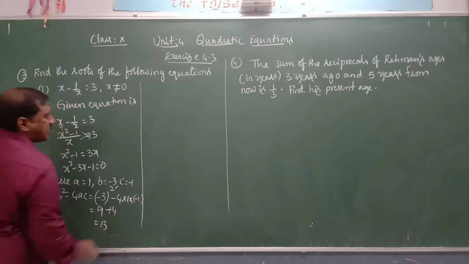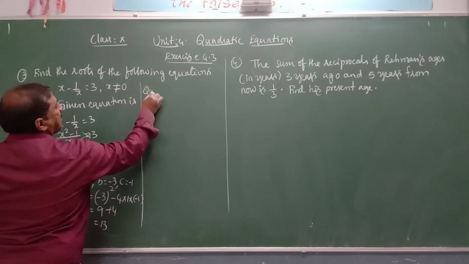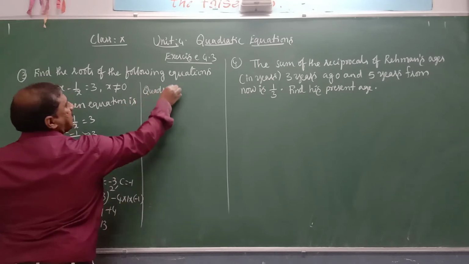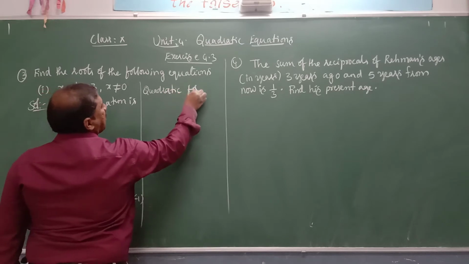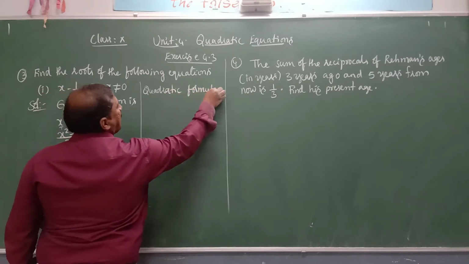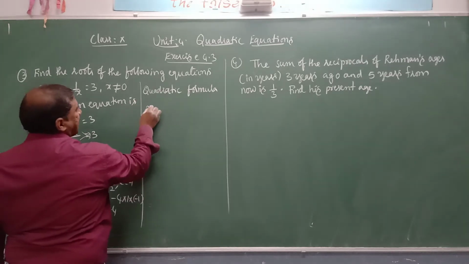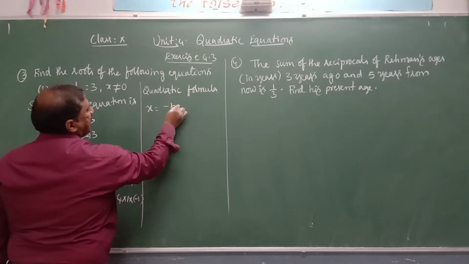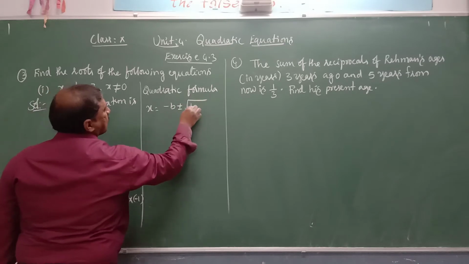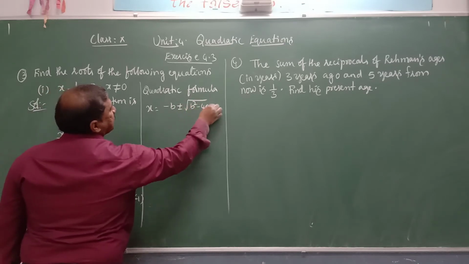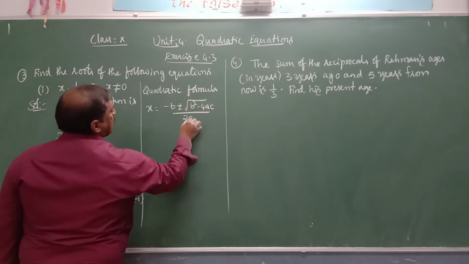Now what are the roots using the quadratic formula? So what is the quadratic formula? We use this to find the solutions of a quadratic equation. That is x is equal to minus b plus or minus square root of b square minus 4ac divided by 2a.